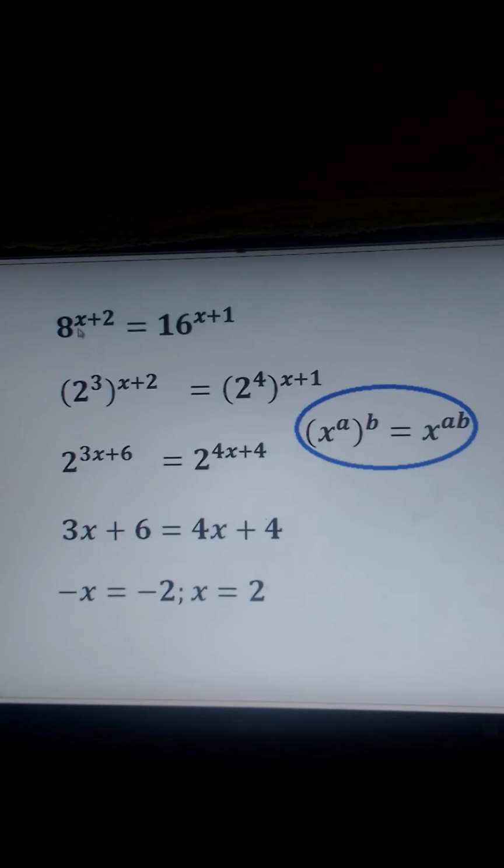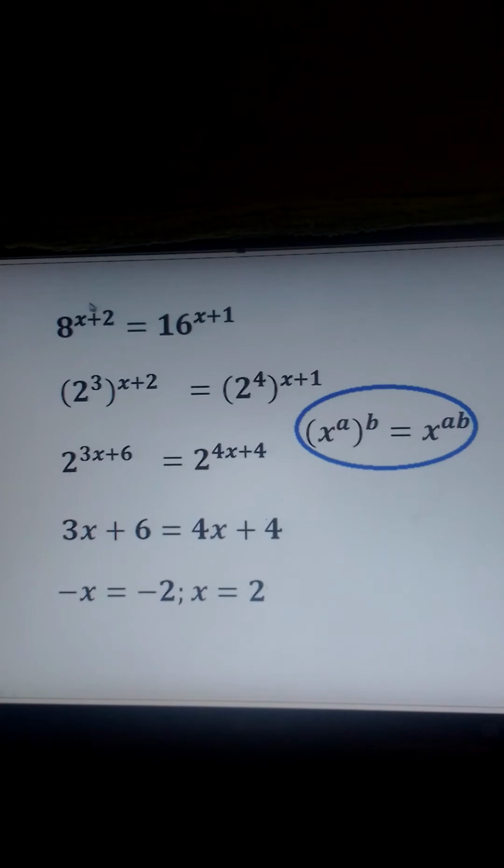Next you have 8 raised to x plus 2 is equal to 16 raised to x plus 1. Now what we do here, we can write 8 in terms of 2. 2 times 2 times 2 is 8, or 2 raised to 3 is 8, in brackets raised to x plus 2.